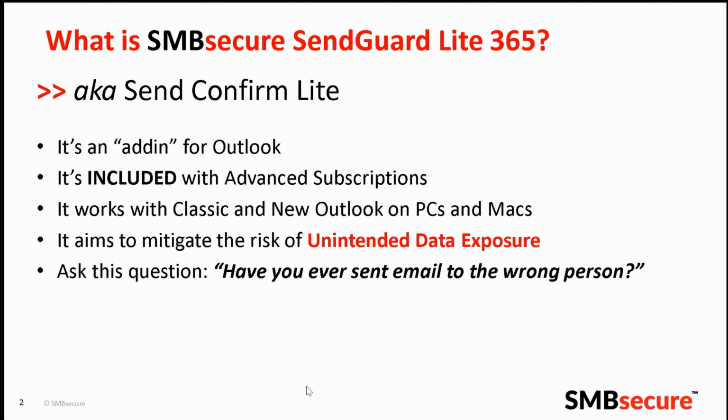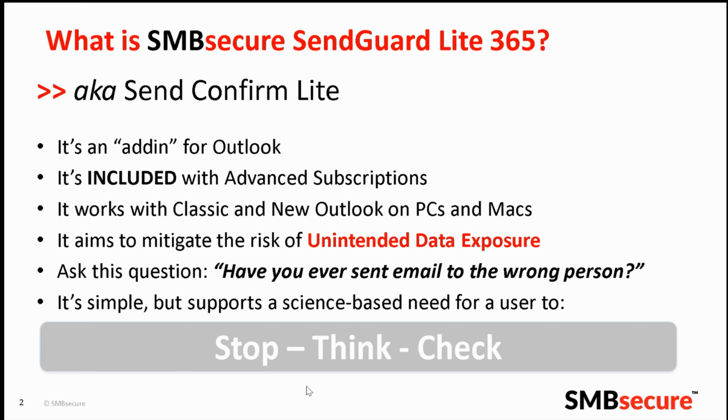And so the basic question that your ASPs can ask their customer is, have they ever sent email to the wrong person? We know it can happen. We know it's commonplace. And so what we're trying to do is help mitigate that risk.